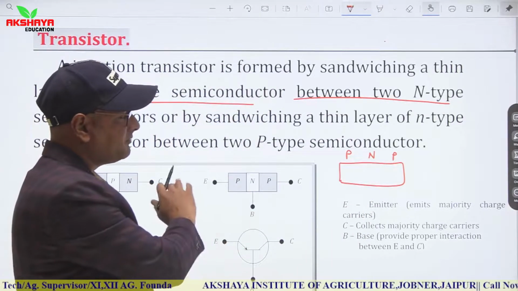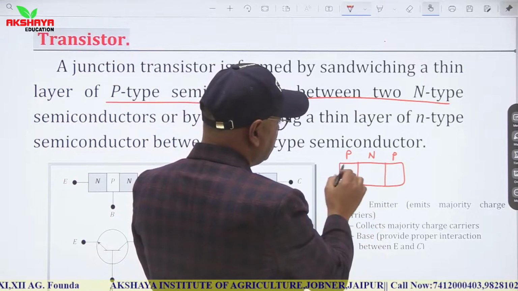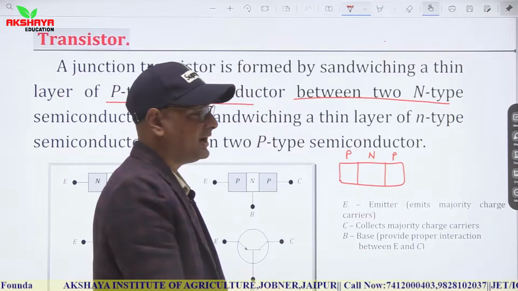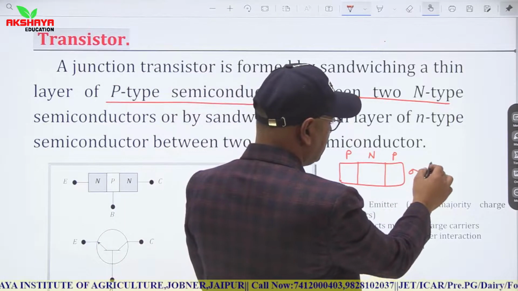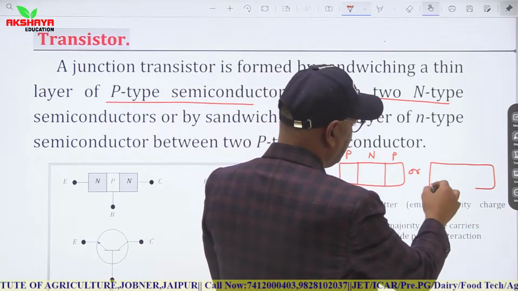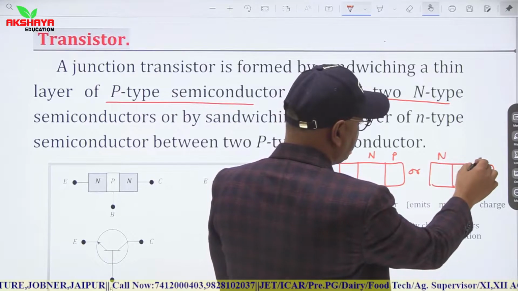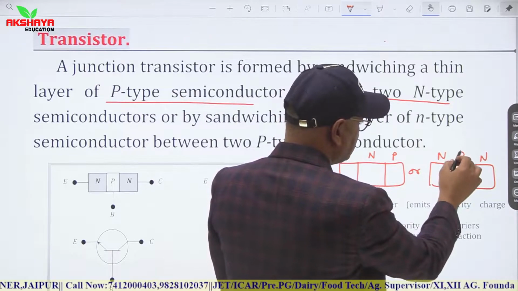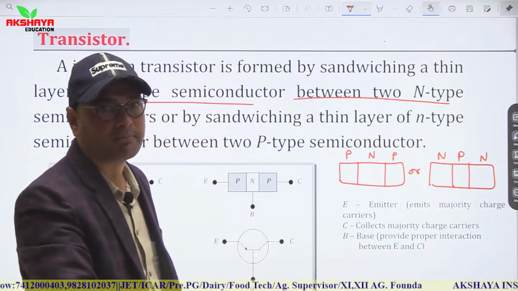So if we consider two p-type semiconductors, then n-type is sandwiched between them, or between two n-type semiconductors, p-type is sandwiched. In such a way a transistor is formed.